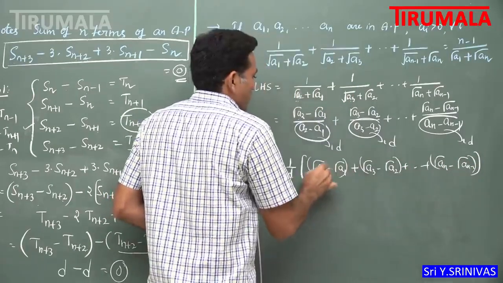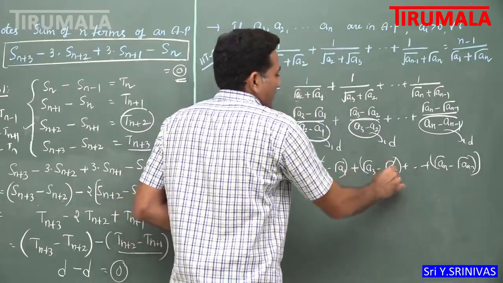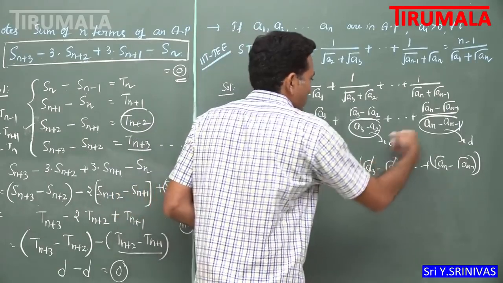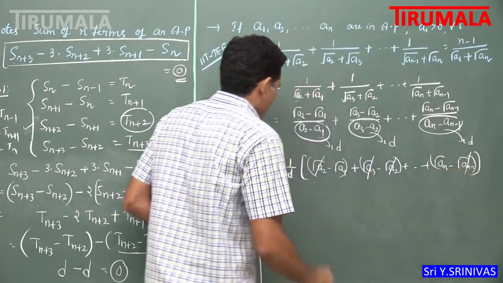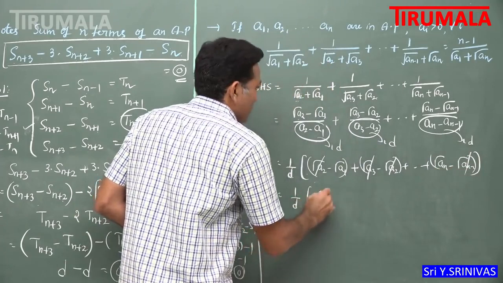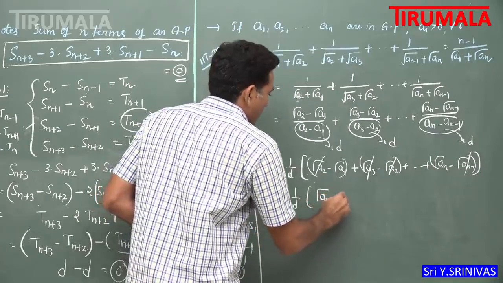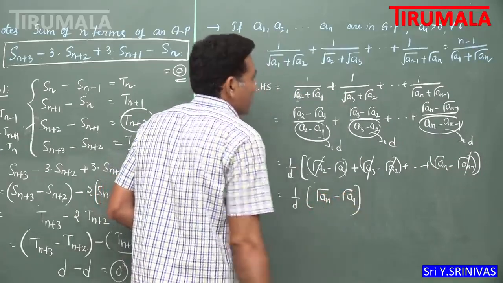Students, the first term, second term, first term, second term cancel in the brackets. What is the rest of the terms? 1 by d into root an minus root a1.